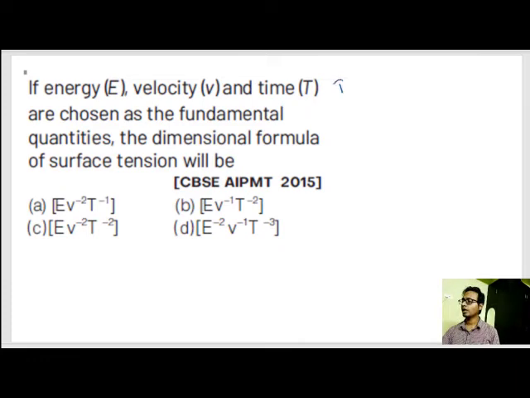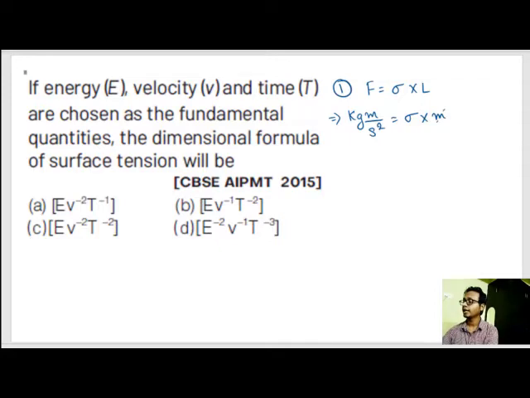So where do we remember surface tension? We remember surface tension in fluid mechanics. So in fluid mechanics, force was given as surface tension into L. Now kg meter per second square, that is the unit of force, is equal to sigma, the surface tension coefficient, into meter.